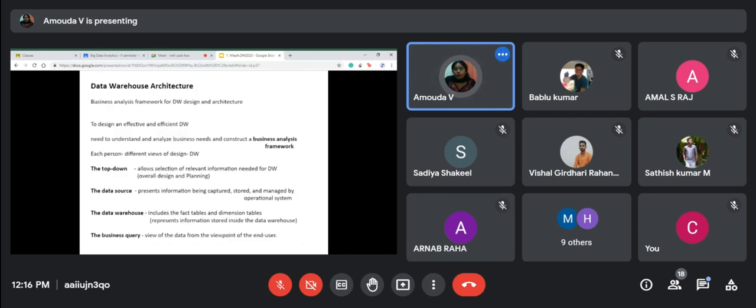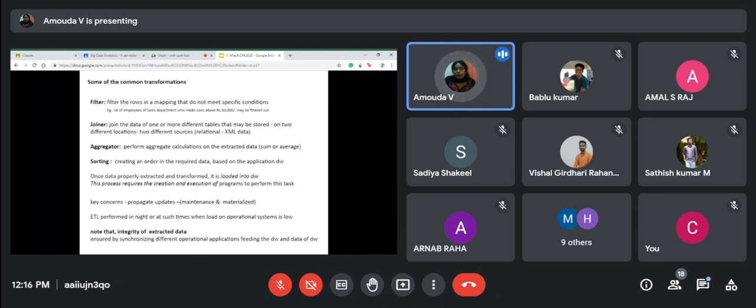Very important: only when the quality of the data is checked properly will it be loaded to the data warehouse. The key concern here is propagating updates, maintenance and materialization.